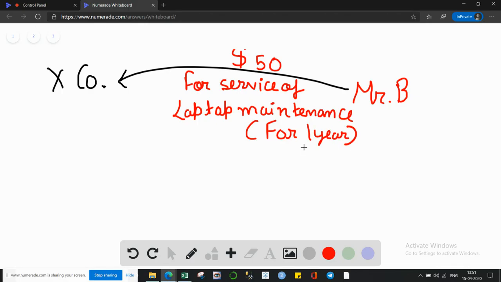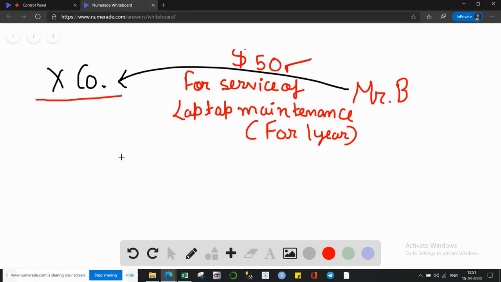Now what will happen? X company will record this revenue in the financial statements irrespective of providing the maintenance services throughout the year.